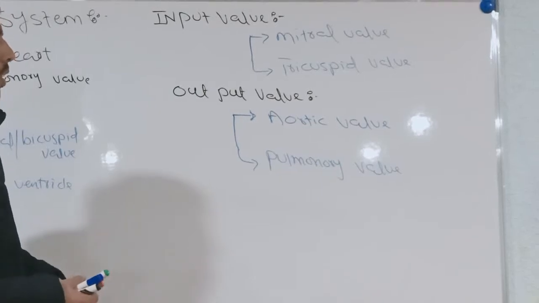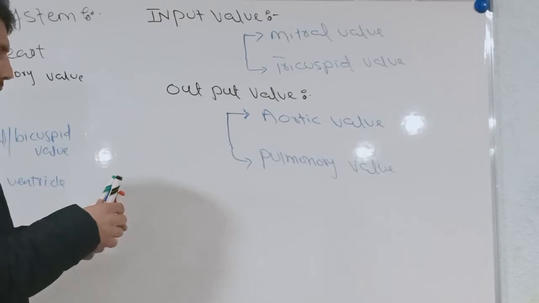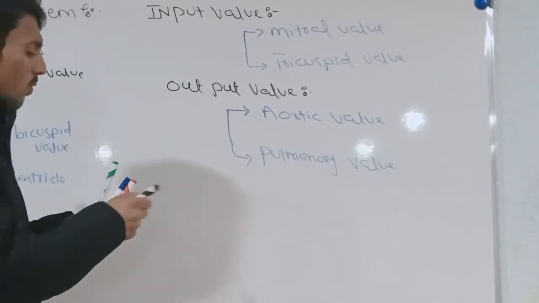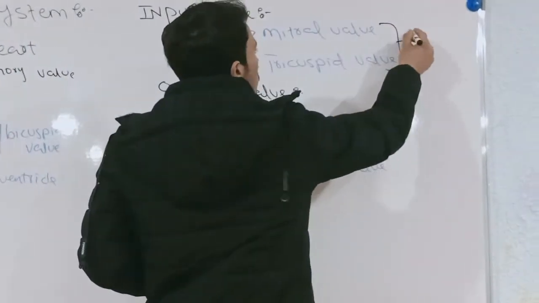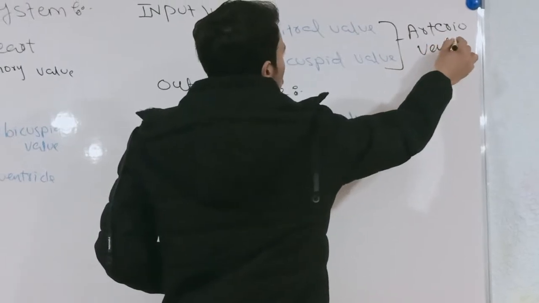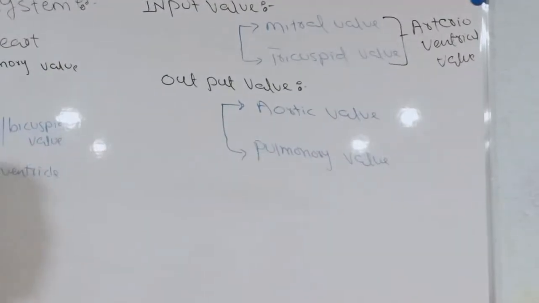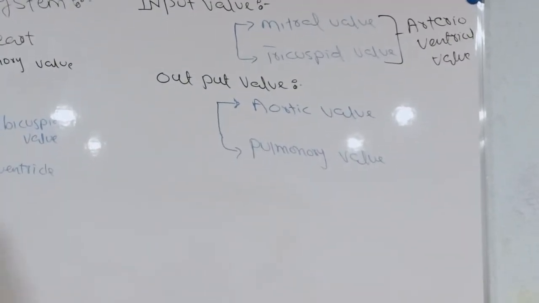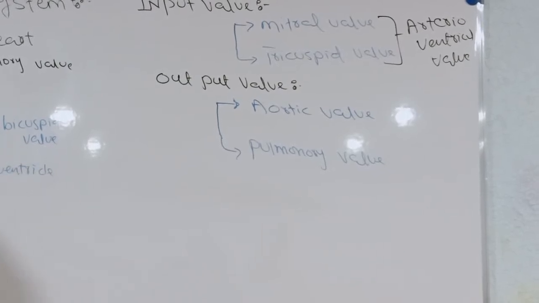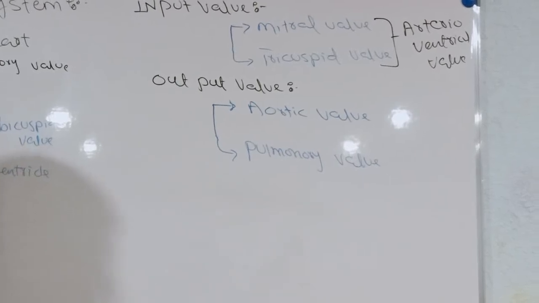So these valves are also called atrioventricular valves. Why are they called atrioventricular valves? Because they are situated between the atrium and ventricle. Therefore, they are called atrioventricular valves.